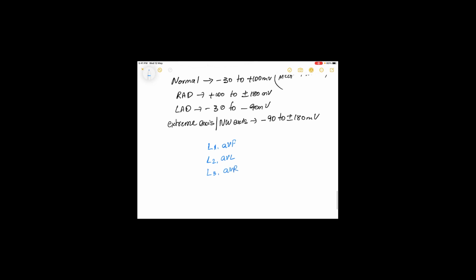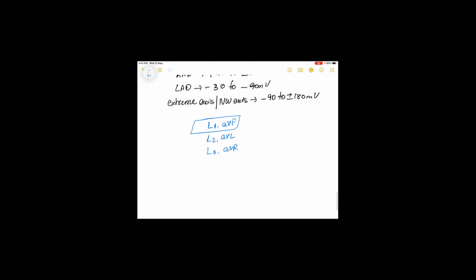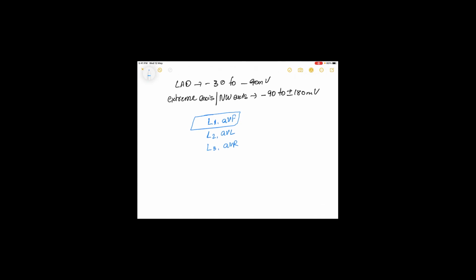These are the sets of perpendicular leads which we will require to interpret the cardiac vector. But for all practical purposes, we use lead 1 and AVF. These are the standard leads considered to interpret the cardiac vectors. So let's see how we interpret the cardiac vector. For it, I'll draw the axis system again.